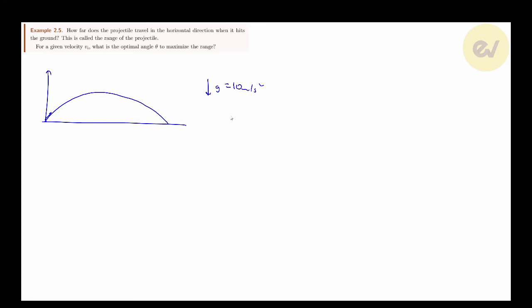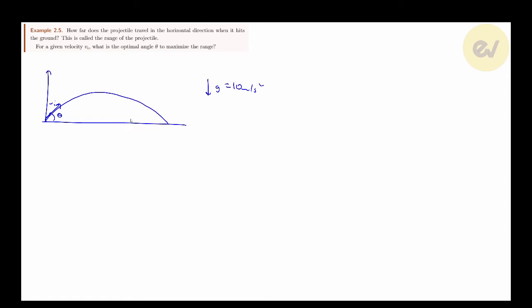Okay. So now, with example 2.5, we are given a projectile and we want to find out how far the projectile travels in the horizontal direction before hitting the ground with an initial velocity v_i at an angle theta from the horizontal. And we also want to find out what angle theta we could use to maximize the distance the projectile travels on flat ground.